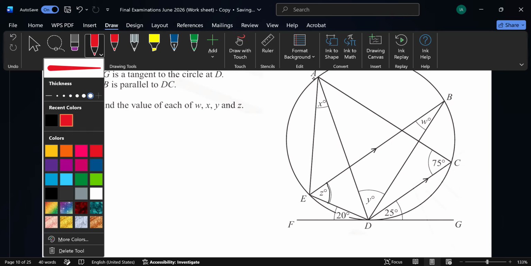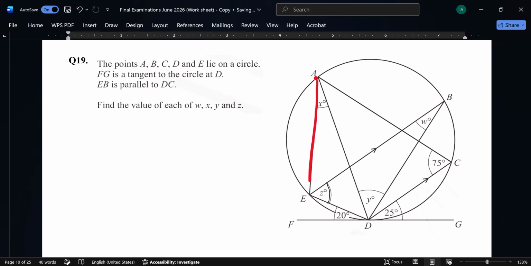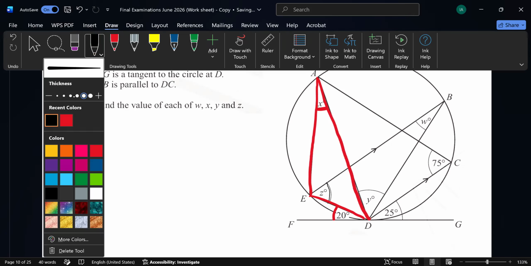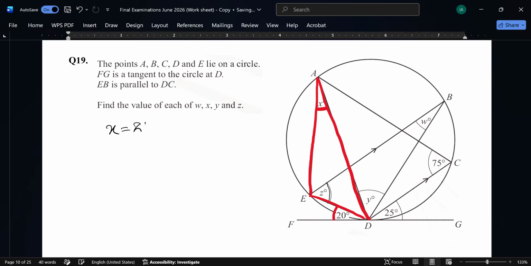I'm just drawing a line to highlight the triangle I'm talking about. This 20 degree will be equal to this one, means x is 20. This is your first achievement, that x is 20 degrees.